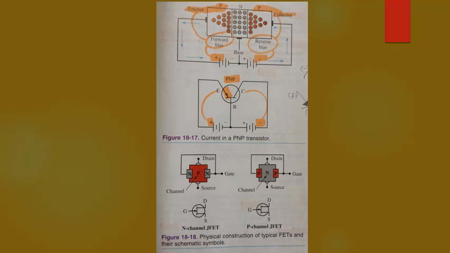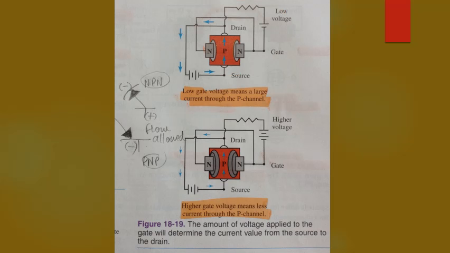The gate is diffused into the channel material, and the channel is a path from the source to the drain. The channel through the center of the device can be P or N type material. The current through the device is controlled by the gate potential.